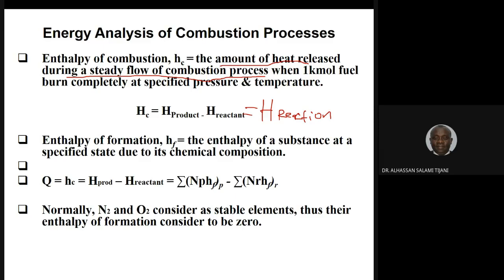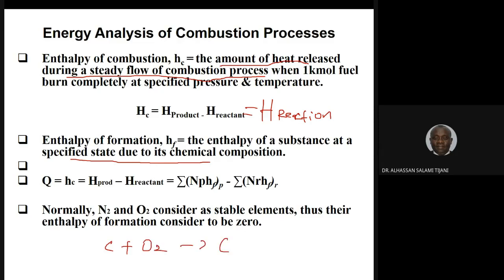So now we have enthalpy of formation. The enthalpy of formation is the enthalpy of a substance at a specific state due to its chemical composition. For example, carbon dioxide is formed from carbon plus oxygen.